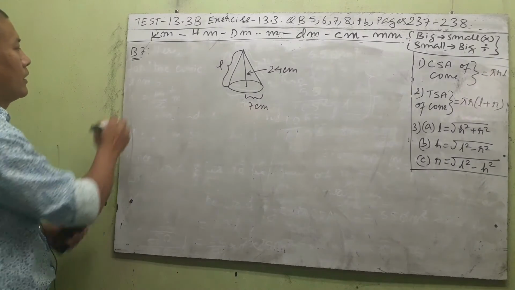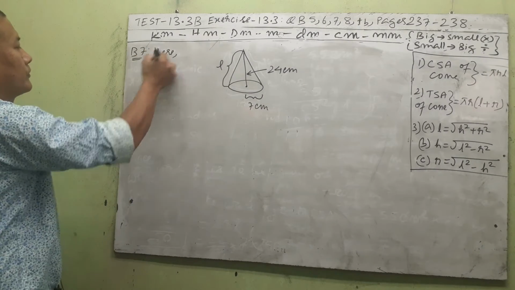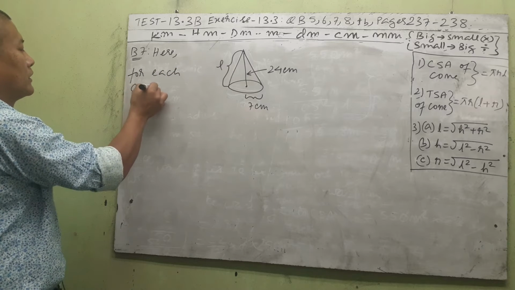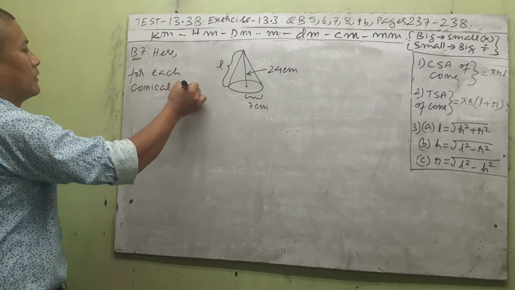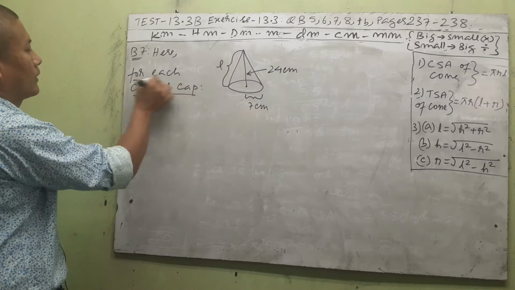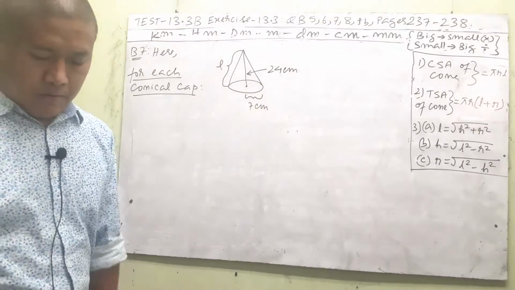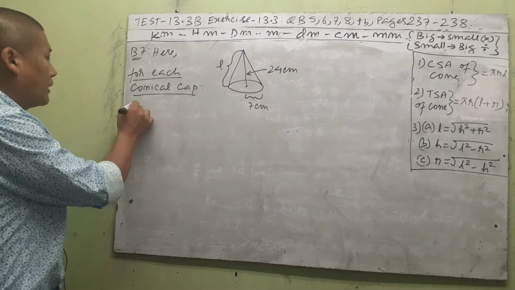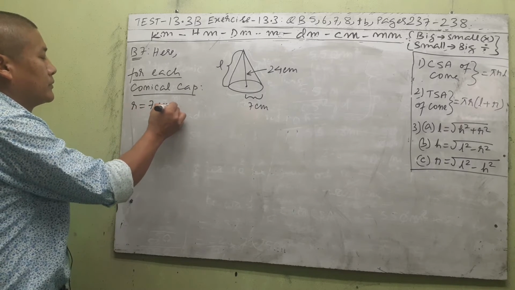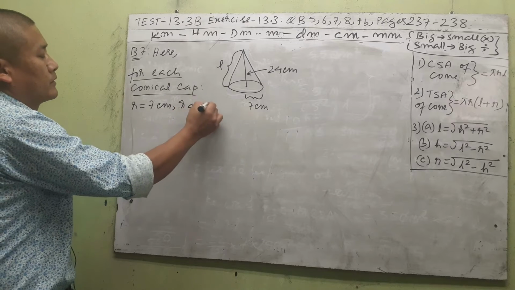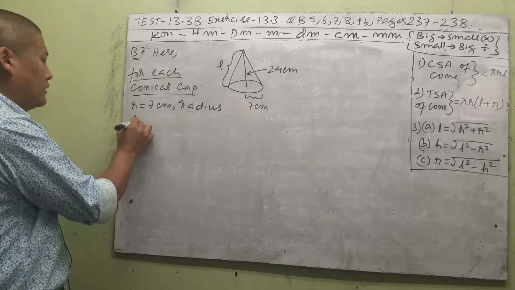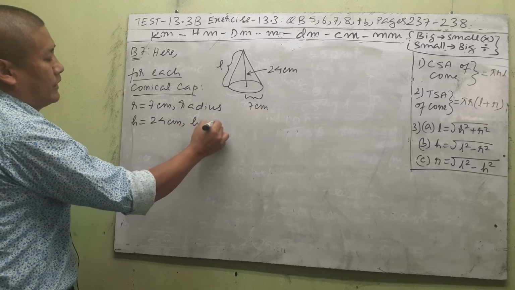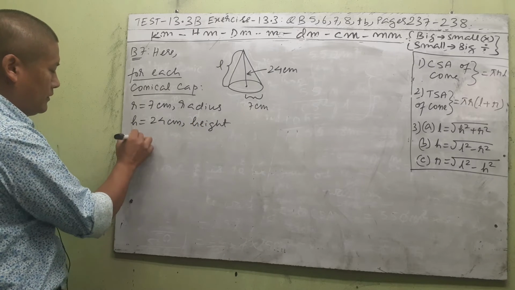Find the area of the sheet required to make 10 such caps. So for each conical cap, the Joker's cap, R is 7 centimeters, the radius of the base, and H is 24 centimeters, the vertical height.